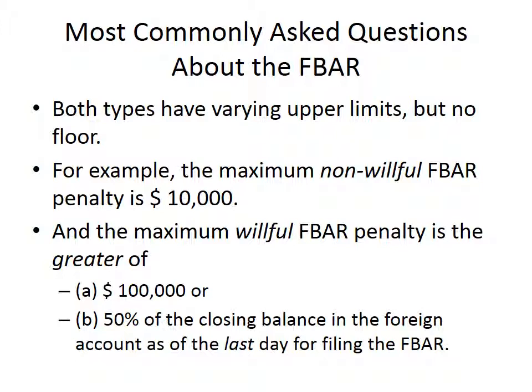So very simply, if the taxpayer has multiple foreign bank accounts in a given tax year, and the IRS determines that the non-willful maximum FBAR penalty applies to all of the taxpayer's unreported accounts for that year, then they can begin to aggregate that maximum FBAR penalty, potentially until it goes out into the stratosphere.